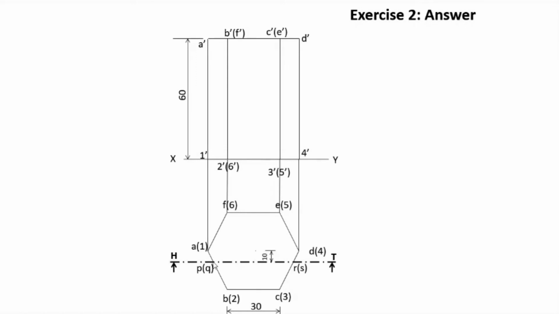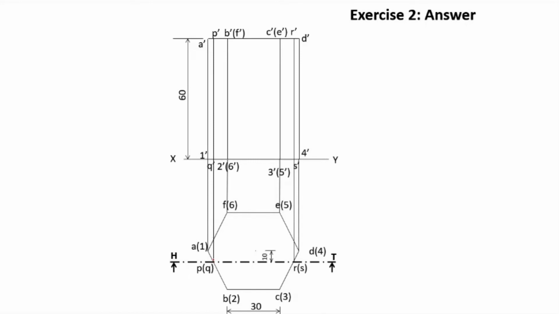So from PQ as well as from RS, you draw projectors such that they intersect the base of the front view as well as the top of the front view at the points P dash, Q dash, R dash and S dash.